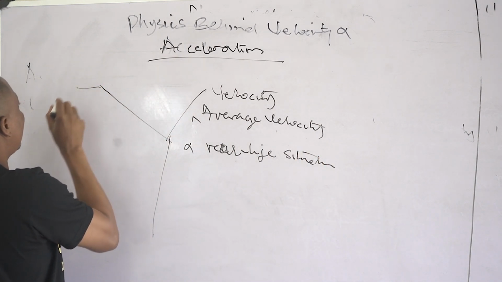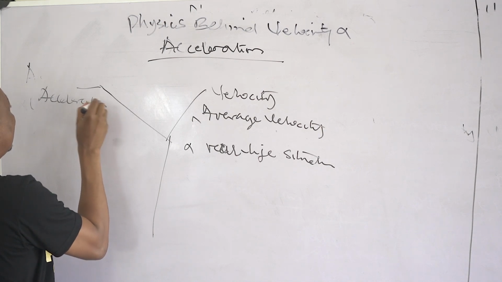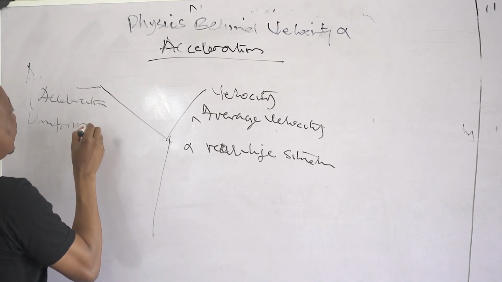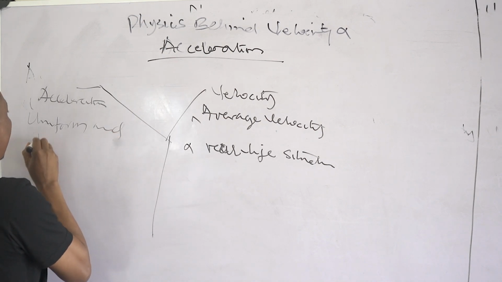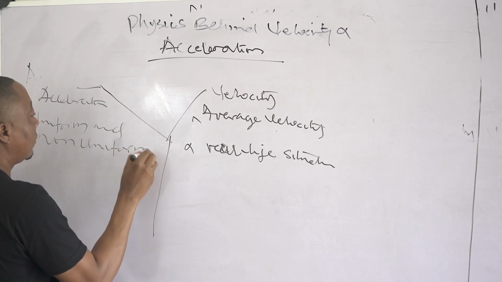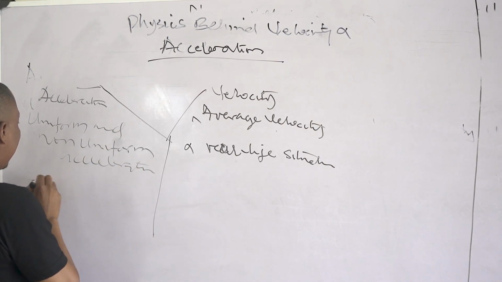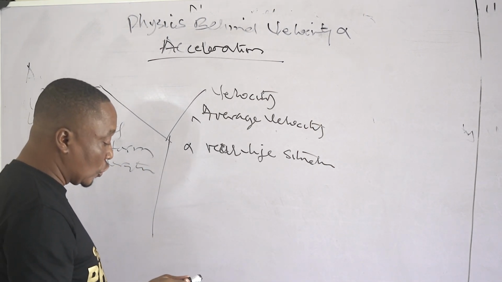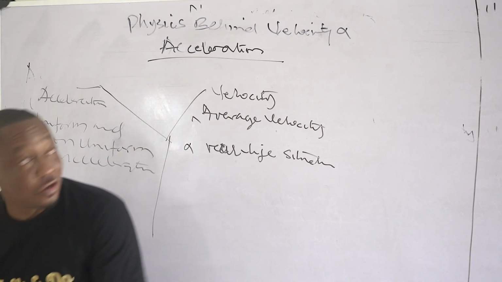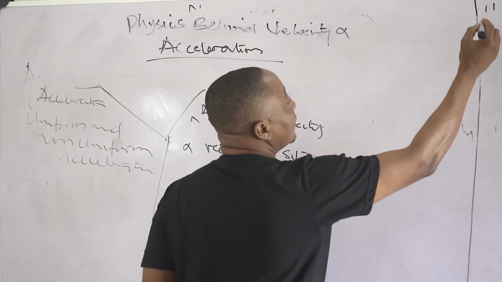Then in acceleration, we have the acceleration, and we also have uniform and non-uniform acceleration. Then we apply the real life situation to it. As we are considering both, we are going to explain the velocity first.